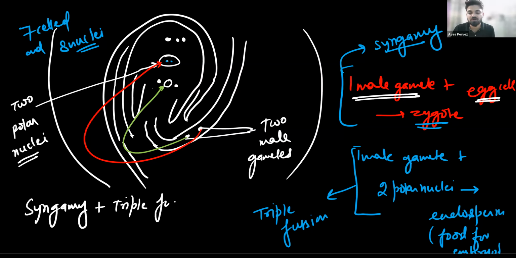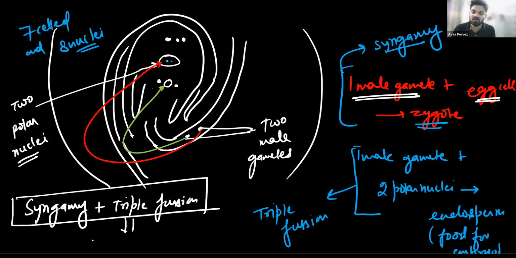And these together, syngamy and triple fusion, are called double fertilization. Only occurs in plants. Okay, so please draw it.